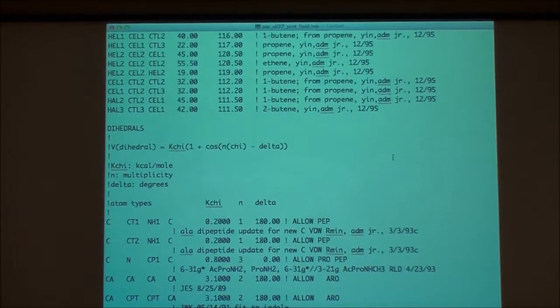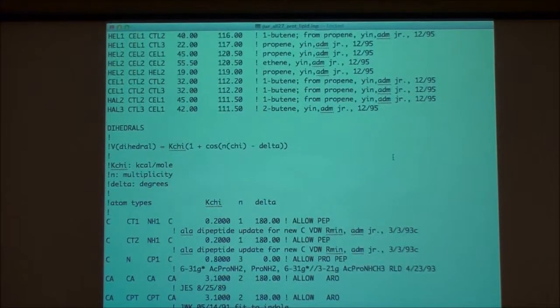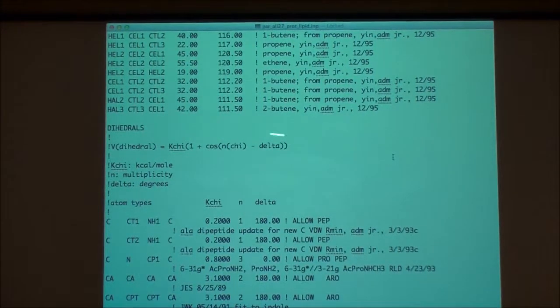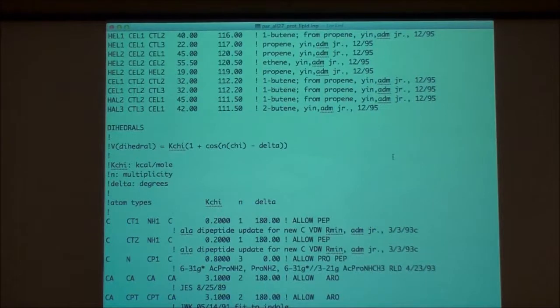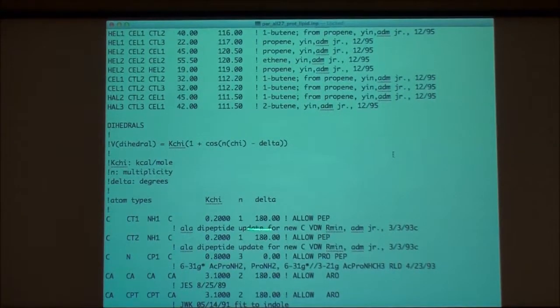The only difference between dihedral angles and bond angles and bonds is that because you have a cosine function here, you can have a series of these cosine terms really describing complicated, complex forms of dihedral potential for you. So you can have multiple definitions and multiple lines for the same set of atom types in this case.